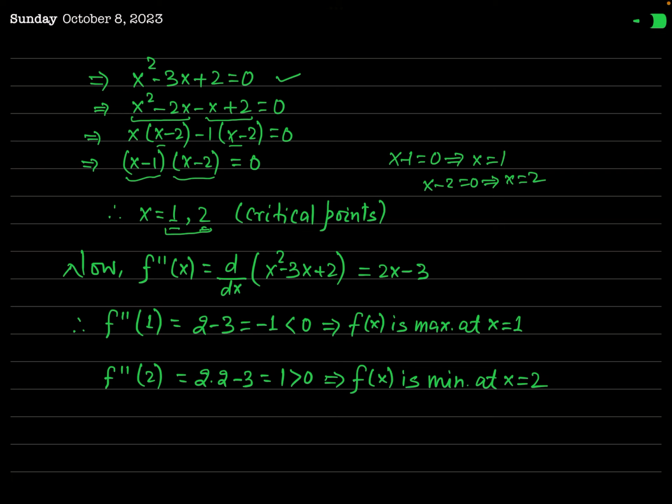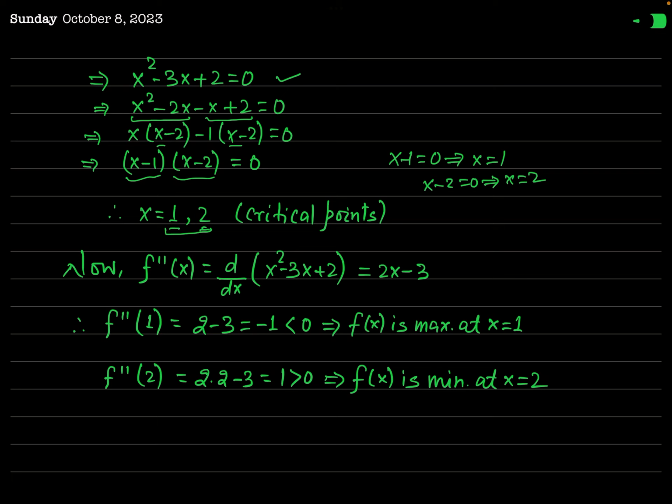Because in the previous problem I already discussed the sign scheme, that is homework for you. You should follow the sign scheme technique to decide the maximum and minimum value of the function. But here I am following the second derivative test for deciding whether at these critical points our function is maximum or minimum.